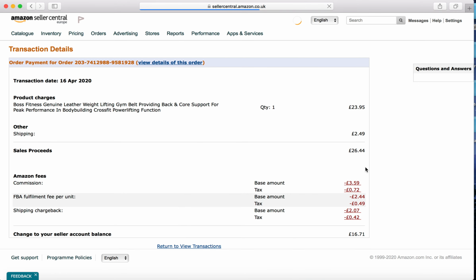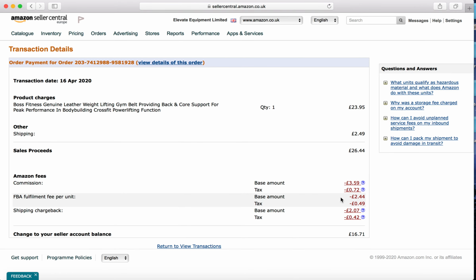We sell it for £23.95, and after things like your commission taken off by Amazon, the FBA fulfillment fee being taken off, and things like shipping chargebacks if they're paid for shipping, we end up with £16.71. So this is a good place to come and find out how much you should pay for this belt. If I was to pay £8 for this belt, then I know I'm making £8.71 back.